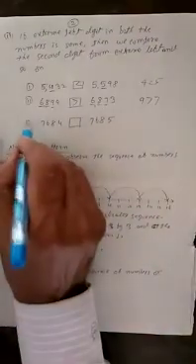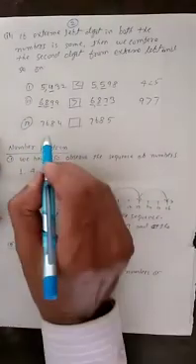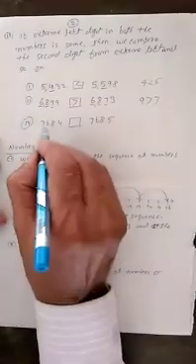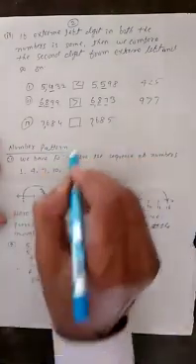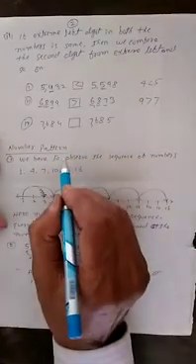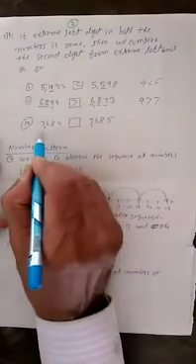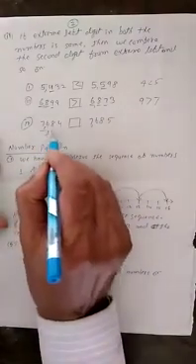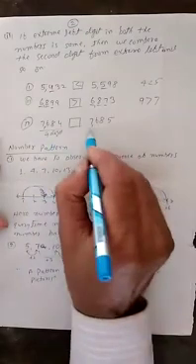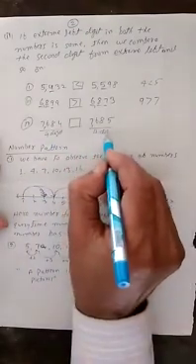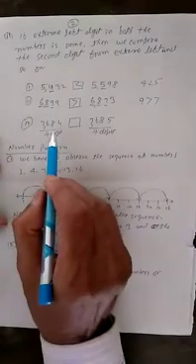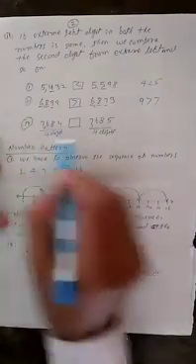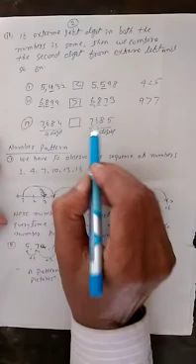In the third example, what we have written, 7,684 and 7,685. According to the rule, there are also 4 digits. In the first number there are 4 digits, and in the second number also there are 4 digits. Then we have to compare the digits one by one. The first digit is 7, and in the second number the first digit is 7. We cannot decide.